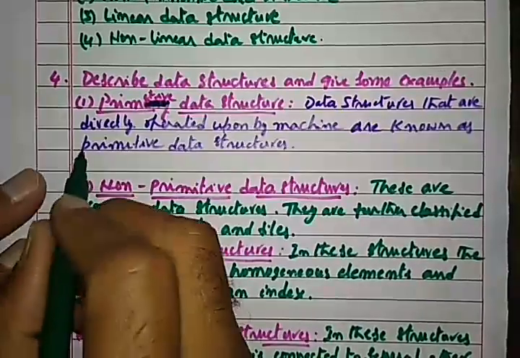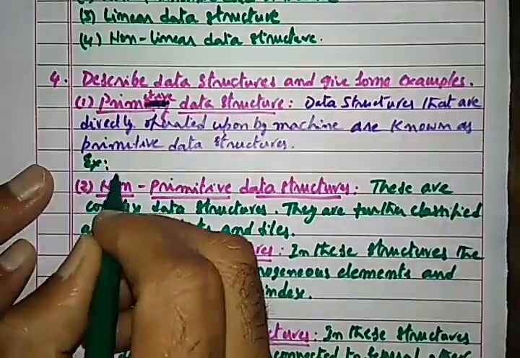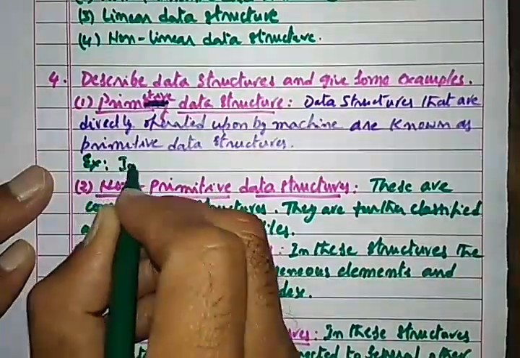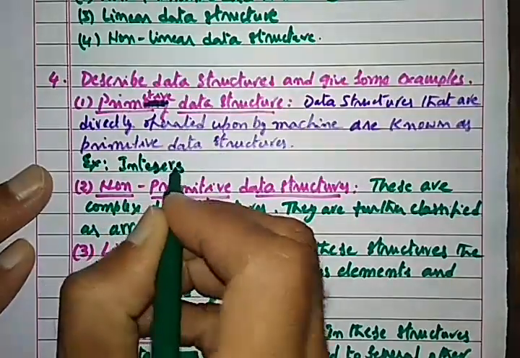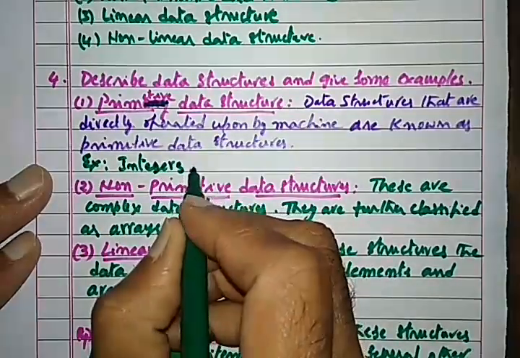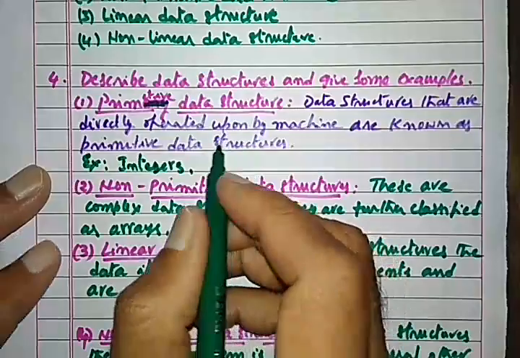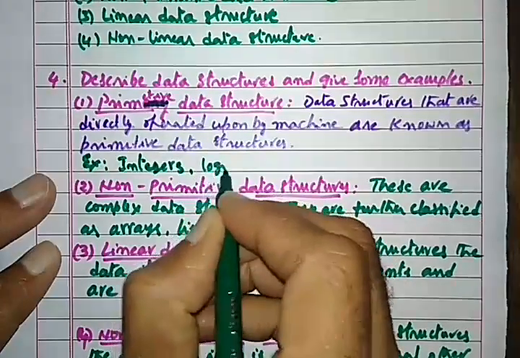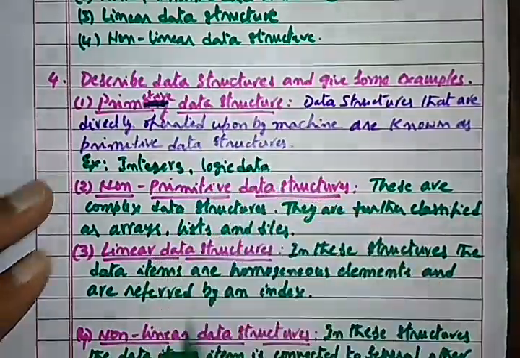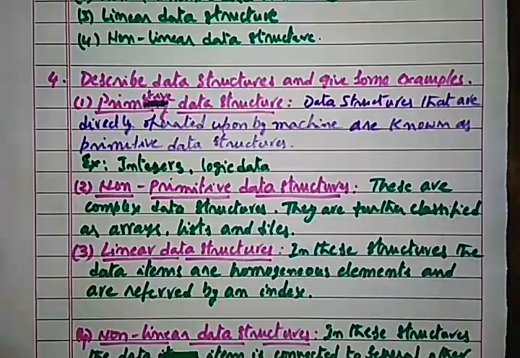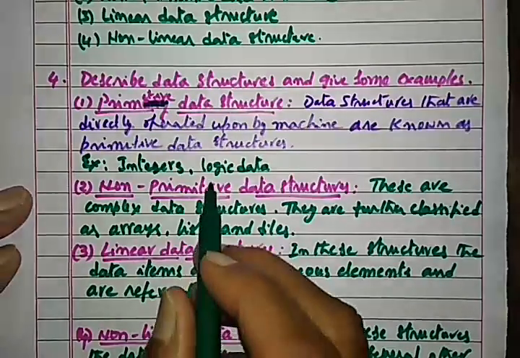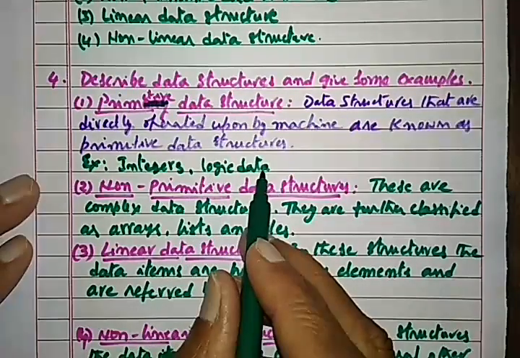So examples are integers. Directly you can define; the machine can understand straight away. Logic data, 1 or 0, high or low, true or false, that also can be told directly to the computer.